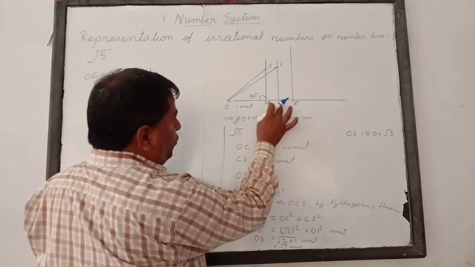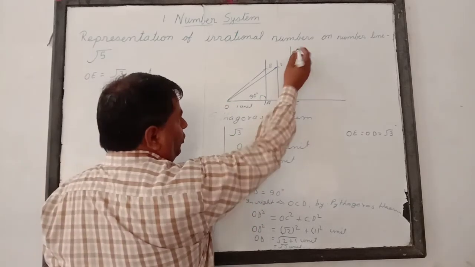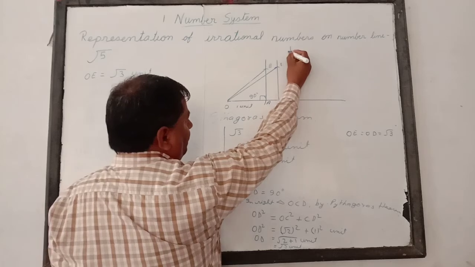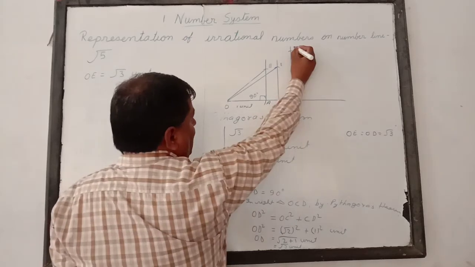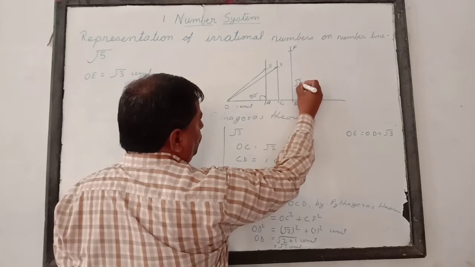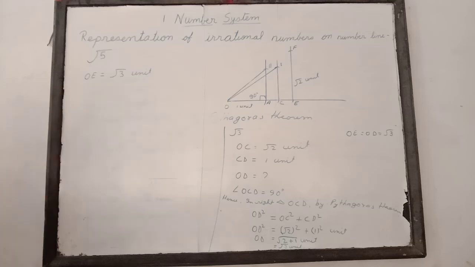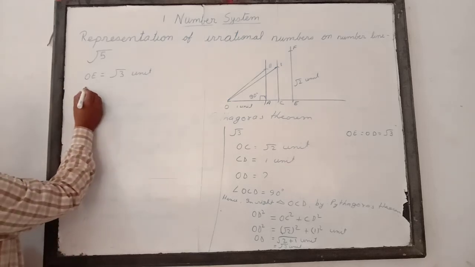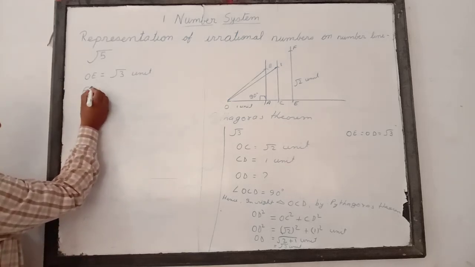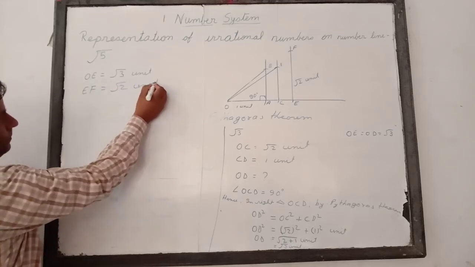So we measure OC, this distance, with the help of a compass, and cut an arc on this. Same distance on this. So this is EF, and what is EF? EF is equal to root 2 unit. So we have marked the point F.